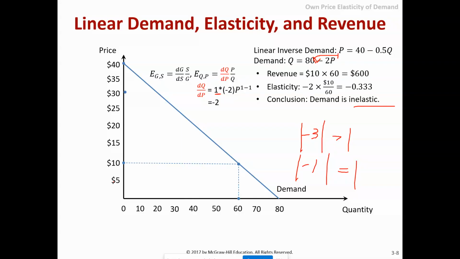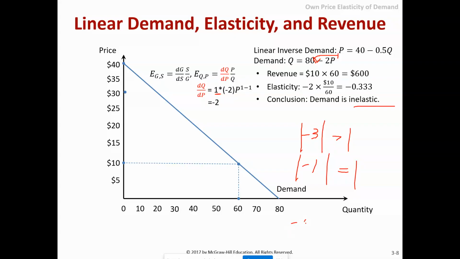Next part, if we have this point, price of $10 and quantity of 60, the elasticity doesn't change. It is 10 over 60. The elasticity coefficient is -1/3. And corresponding total revenue is 10 multiplied by 60, back to 600 again.